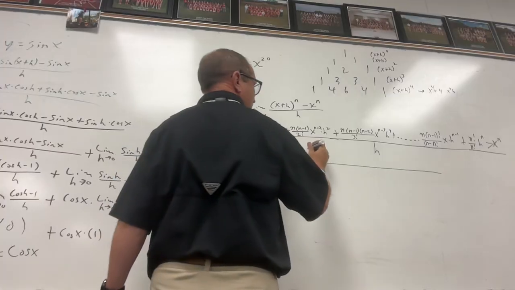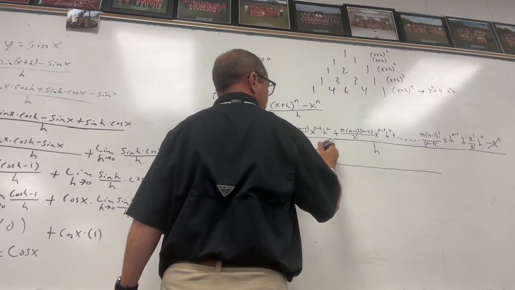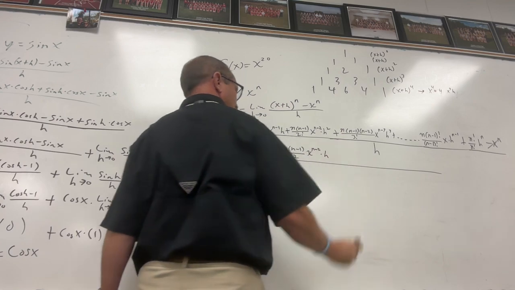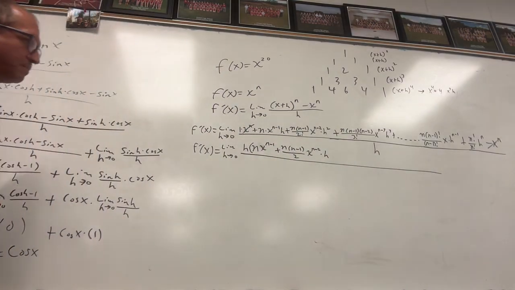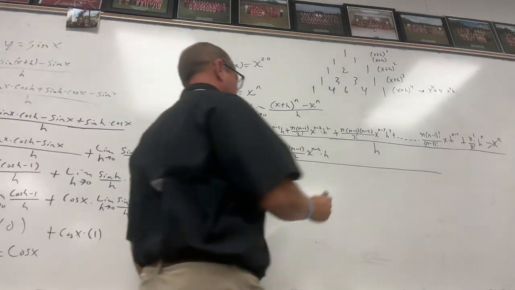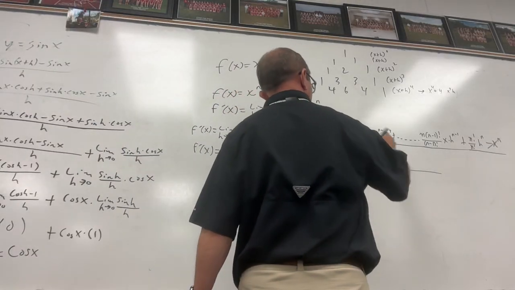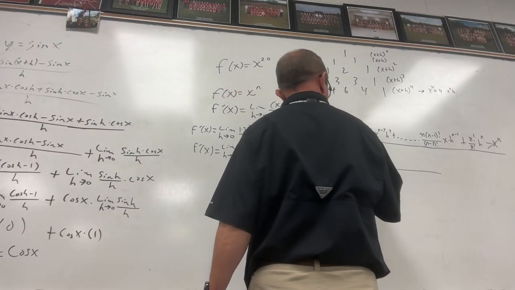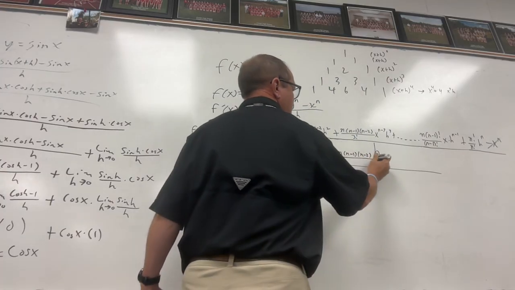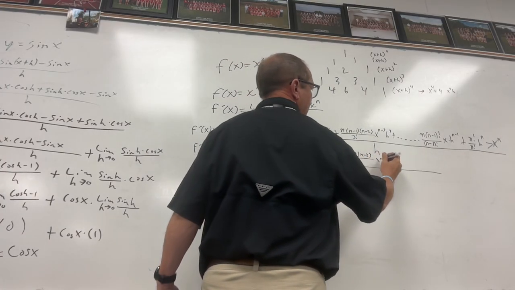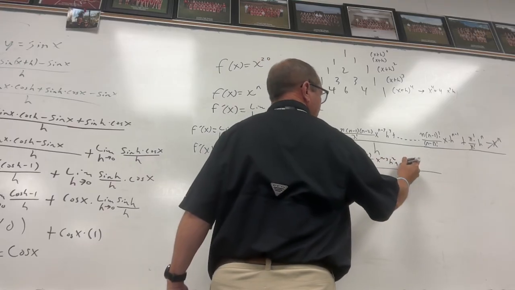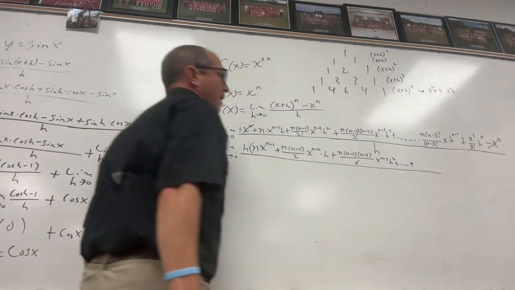And then this is x to the n minus 2, and I factored an h out of here, so I've got h to the first power, right? My next term, I'm factoring an h out, so it's going to be h squared right there, right? So n times n minus 1 times n minus 2 over 6 times x to the n minus 3 times h squared.